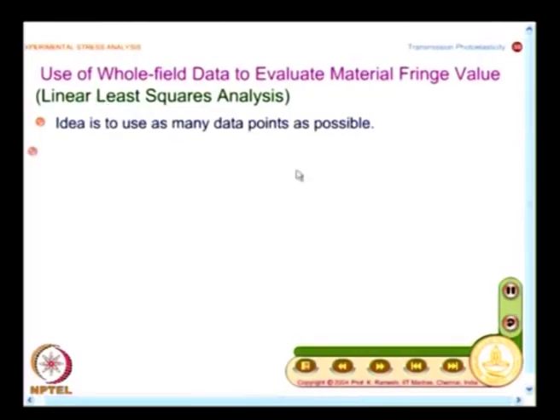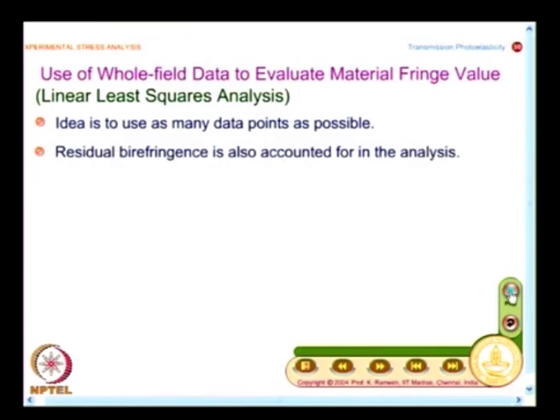Because I record a whole field information, why not I use the whole field information? That is the focus, and you have that given as method of linear least squares, and we want to use whole field data to evaluate material stress fringe value, and in this case the resulting equations are essentially linear, and I call this as linear least squares analysis.